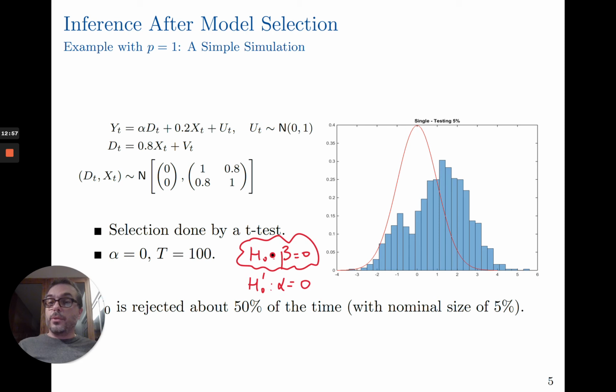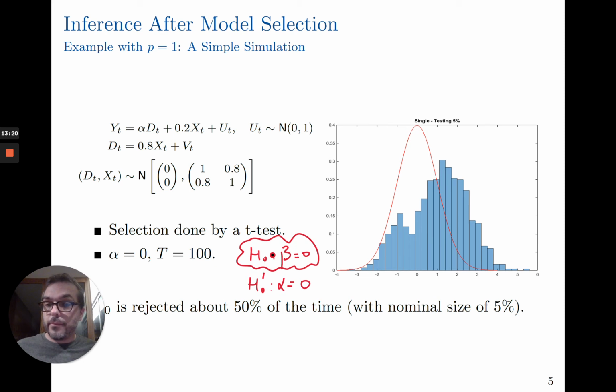And then we are going to count the frequency of times we reject the null hypothesis that alpha equals 0. So if we are running a test at a 5% nominal level, we expect to reject the null of alpha being equal to 0 only in 5% of the cases.